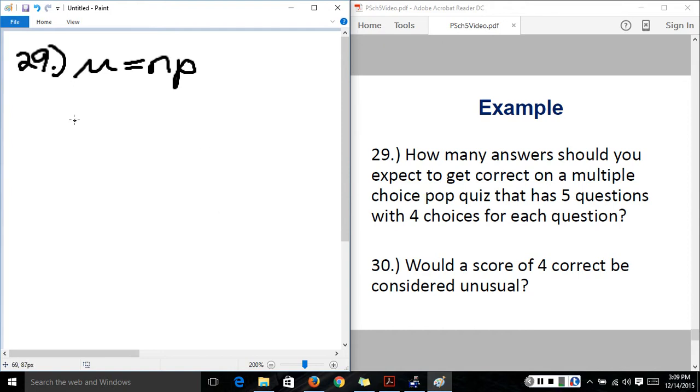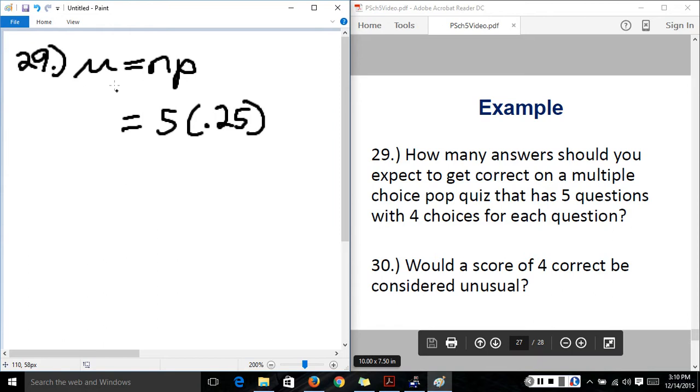So to find the mean of this scenario, I'm going to take my number of trials, it's 5 questions, times my probability of success, 0.25 or 1/4. Multiply those out, and hey, if you've got 5 quarters, you've got $1.25.